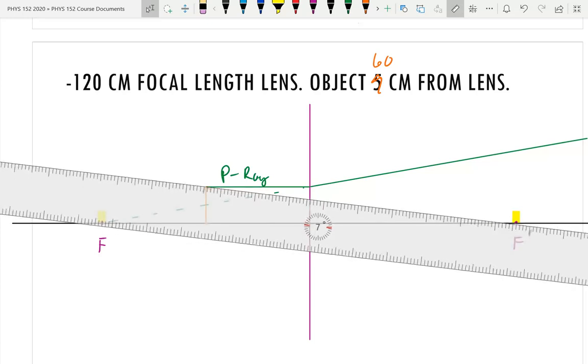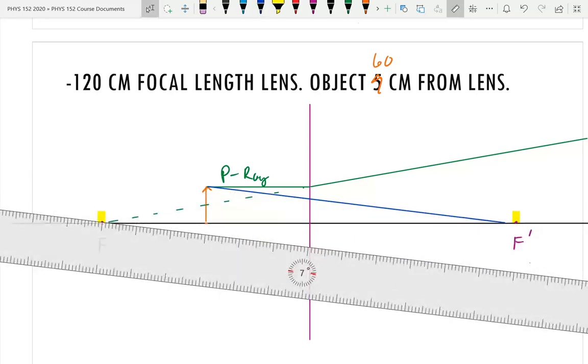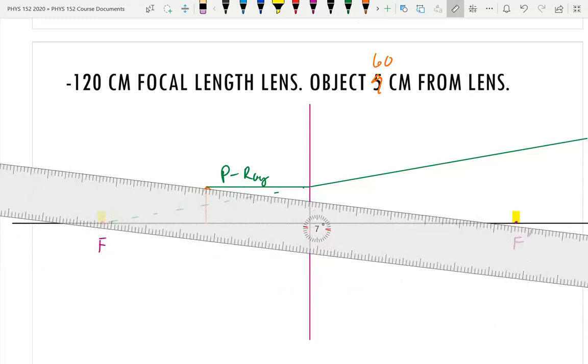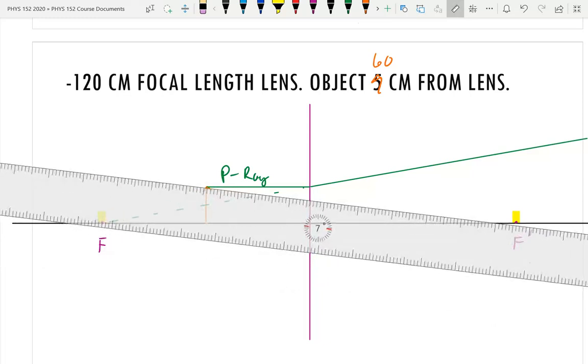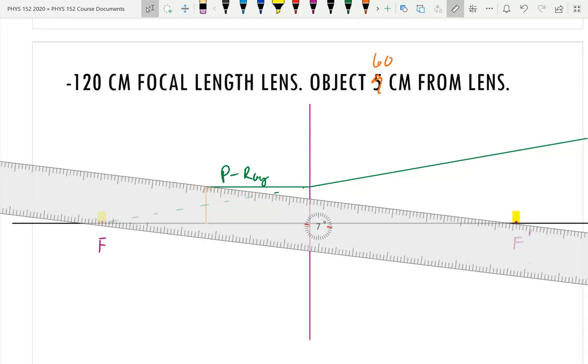I think 7's closer. So once again, you can see it's not going to be just right because I can't get my angle just right. What's wrong with what I just drew? Yeah. It doesn't go through like that. So I'm not going to draw that set of dotted lines just because I think it adds to the confusion.